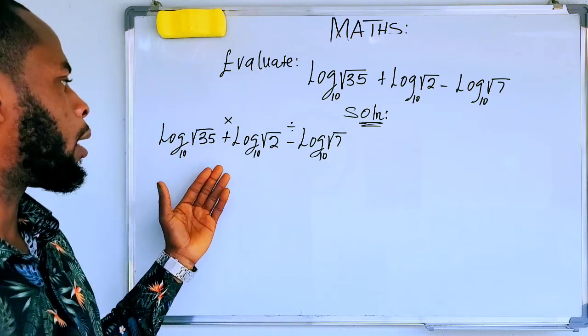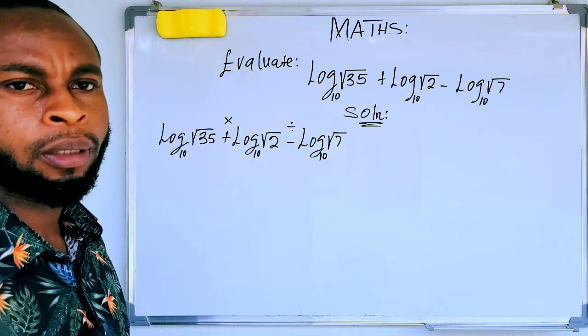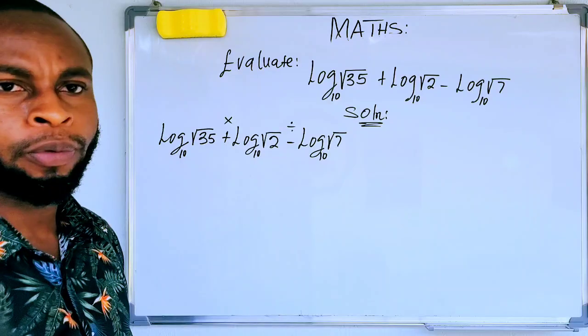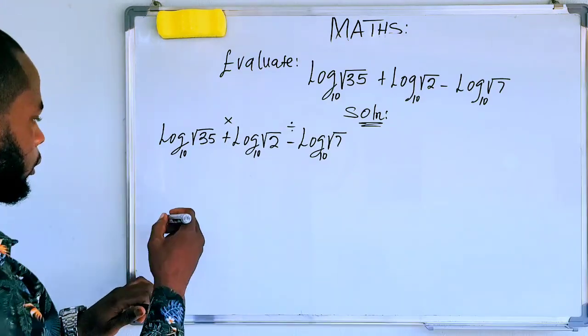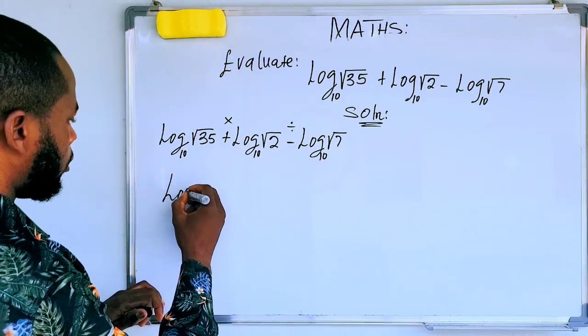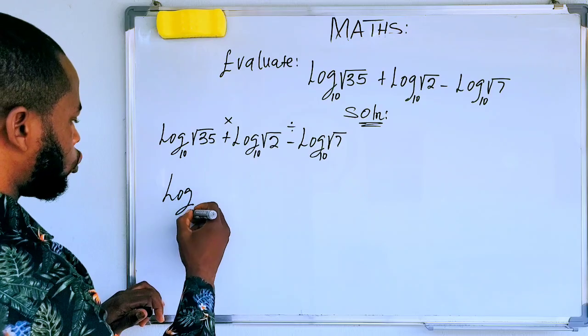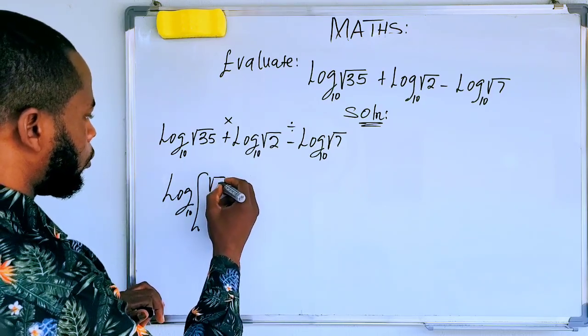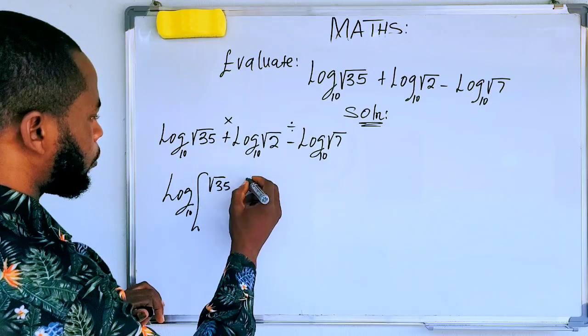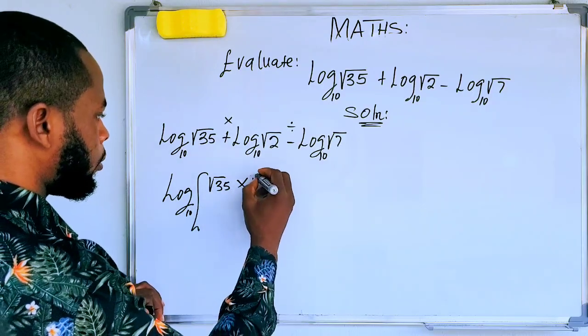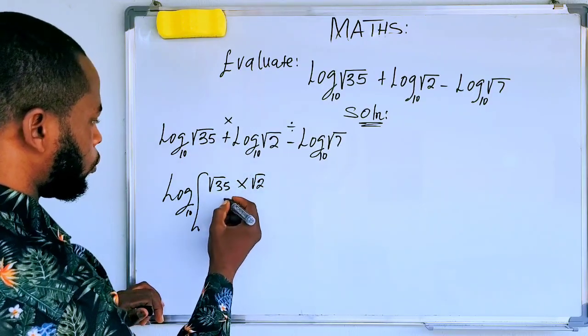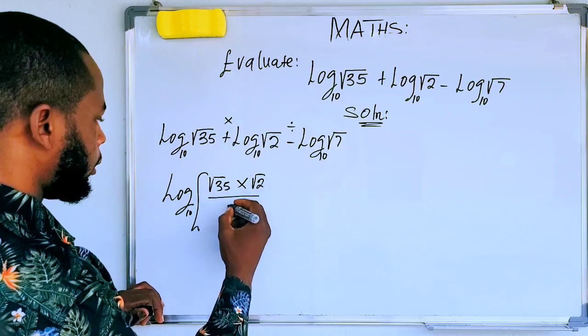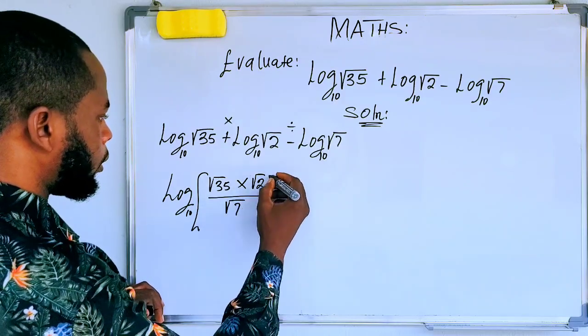When you apply this principle here, the expression can be written as log to base 10 of root 35 multiplied by root 2, divided by root 7.